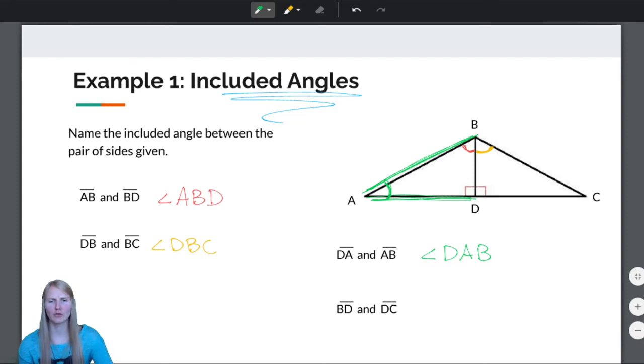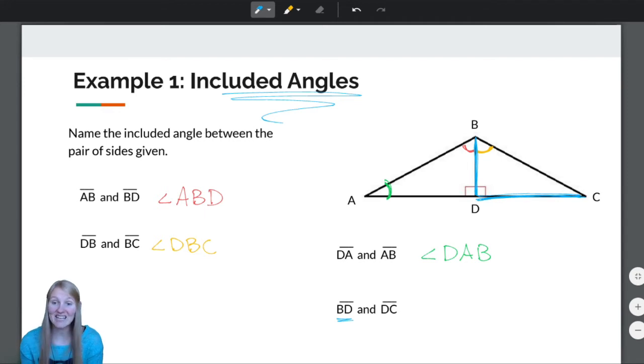All right, I want you to try the last one on your own. Pause the video, try the last one on your own, and then unpause it to do it with me. Okay, we have side BD, which is right here, and side DC, which is right here.